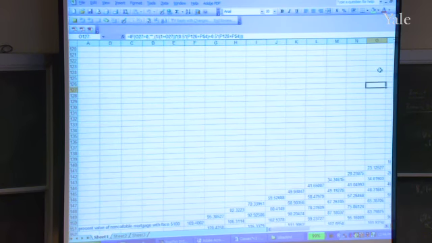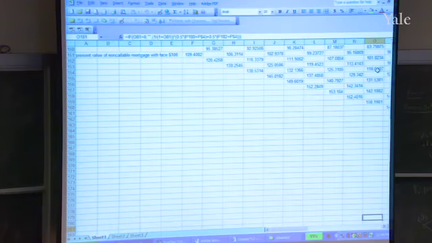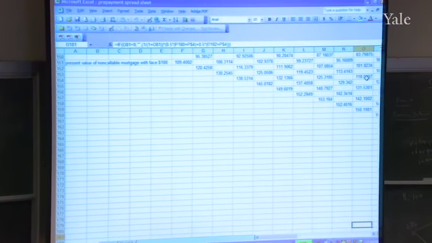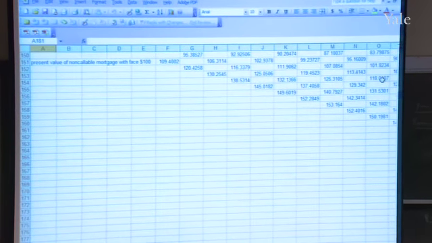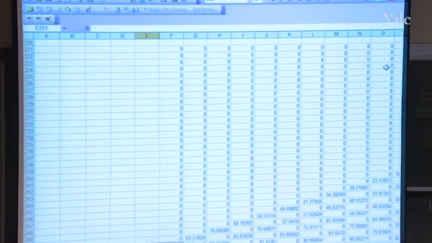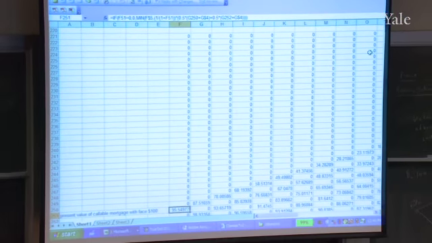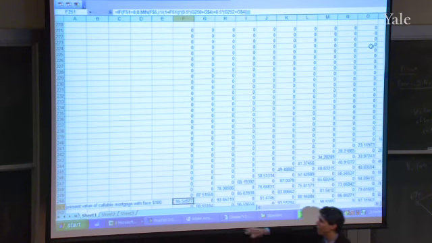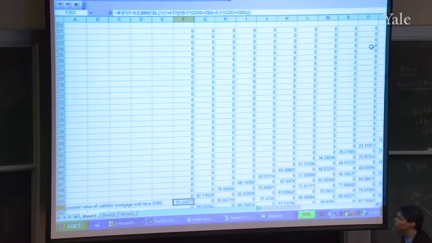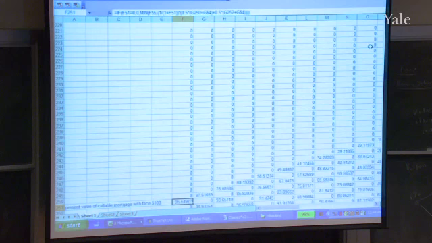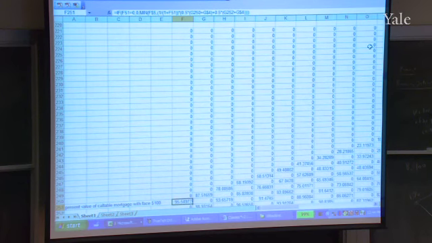But if the guy is much smarter than that, he's going to call, and now, lo and behold, the value is only 95.55. Okay, the option is so valuable that even though the interest rate is 6%, the mortgage rate is 7%.